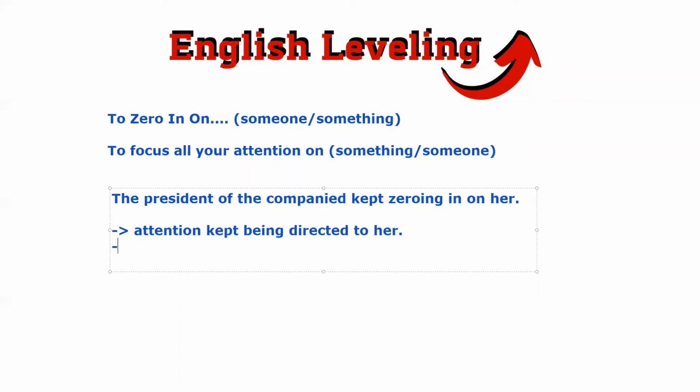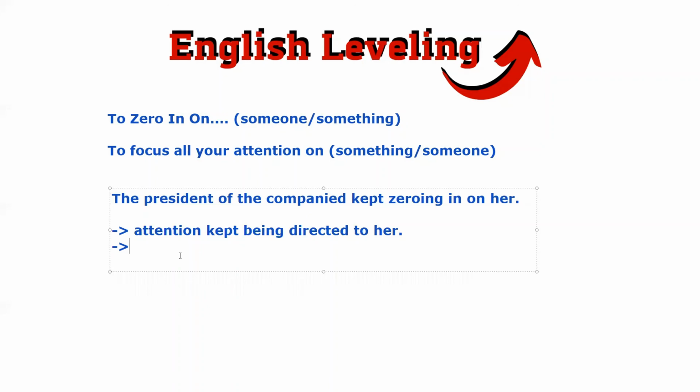In what way? Well, maybe he kept refocusing on her and kept refocusing on her. He kept insisting on whatever it was. He kept focusing on her, what she did, how she did it, why she did it, and everything. His attention is not on anything else.